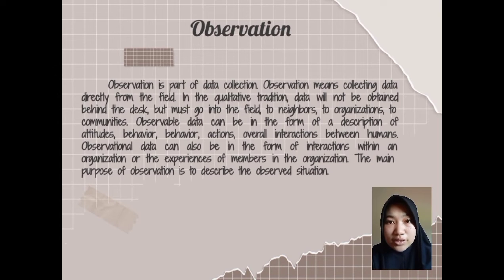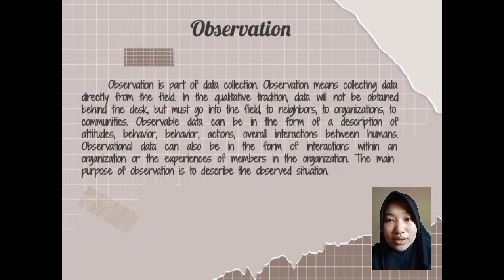The fifth slide is about observation. Observation is part of data collection. Observation means collecting data directly from the field. In the qualitative tradition, data will not be obtained behind the desk, but must be gathered by going into the field, to networks, to organizations, to communities.